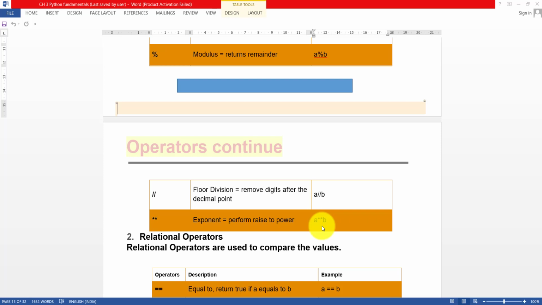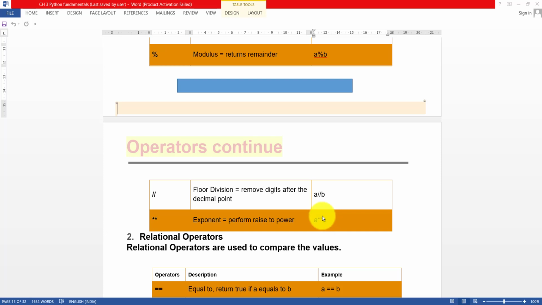It will execute the exponent, like a square. What is the meaning of a square? It means a into a. Take 2 raised to the power 3. It is 2 into 2, 2 twos are 4, and 4 twos are 8. The answer will be 8. How will you write it in Python? You have to write 2, double asterisk sign, then 3. That means 2 exponent 3.